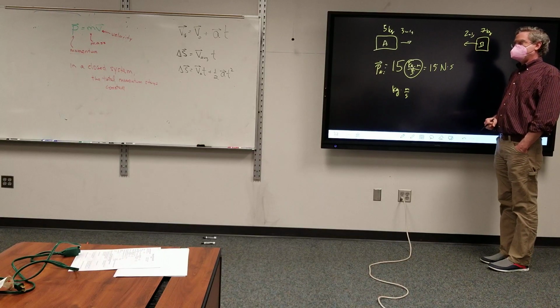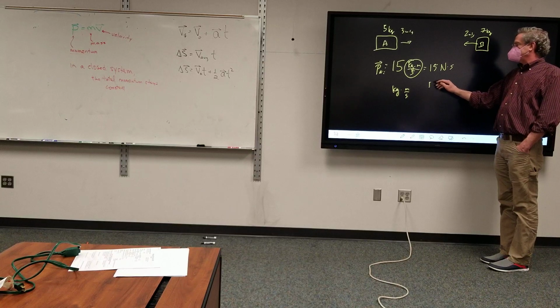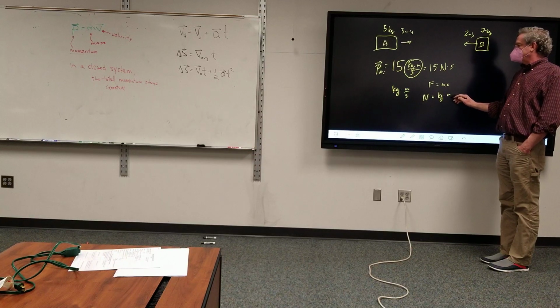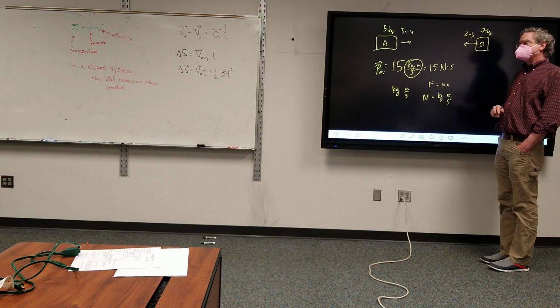I just didn't understand how you pulled it out from the denominator. A Newton, remember that F equals ma. So the unit of force is Newton, mass is kilogram, and acceleration is a meter per second squared. So if I multiply both sides by a second, I get Newton seconds here, and over here, one of the seconds cancels out, and I'm left with kilogram meters per second. Okay, gotcha. Yep.